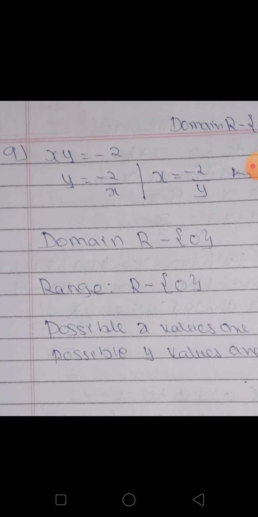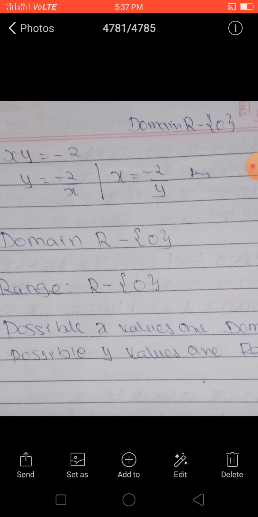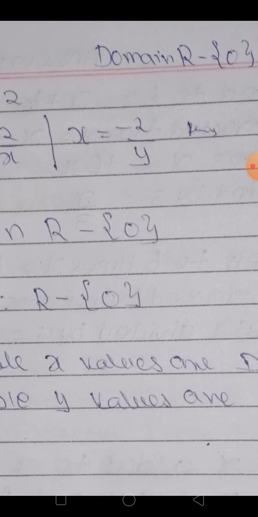So look at that. y is equal to minus 2 by x, and x value cannot be 0, which means x belongs to all the real numbers except 0. If I put 0, it will be infinity. So the domain is the real numbers minus 0, and on the other side x is equal to minus 2 by y, same formula.